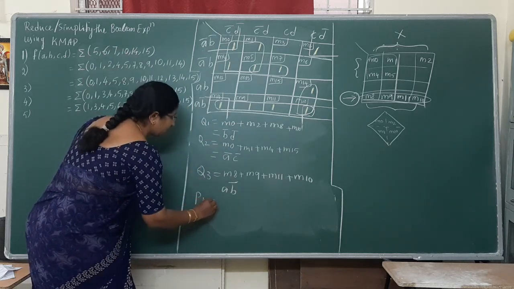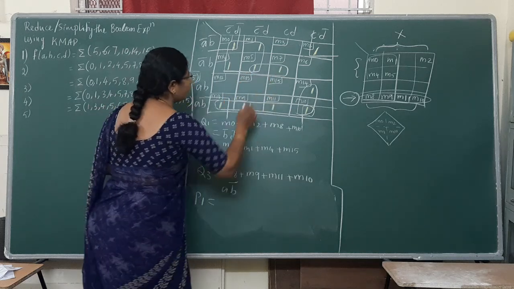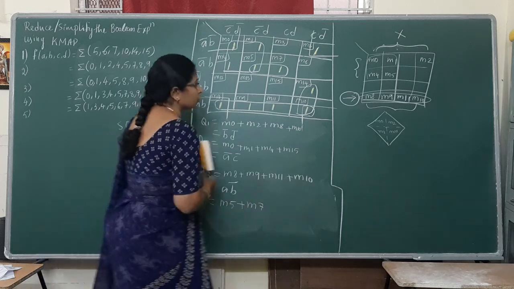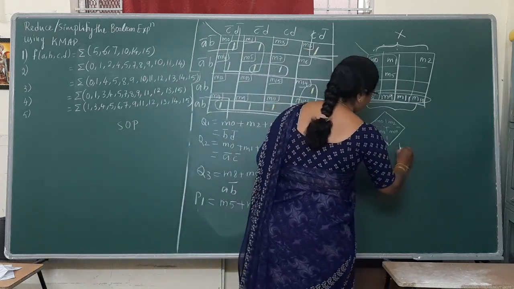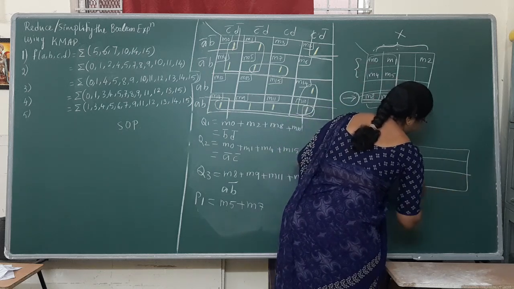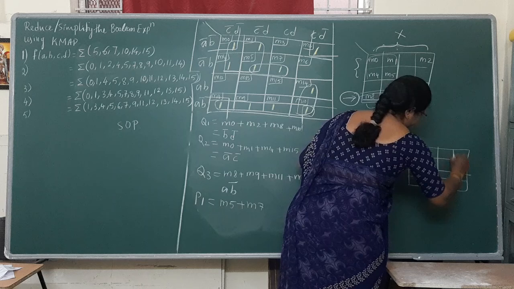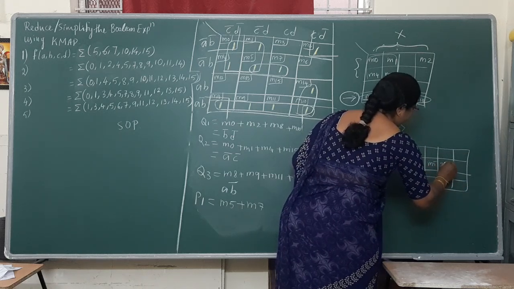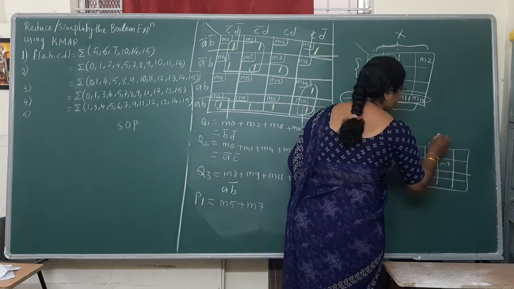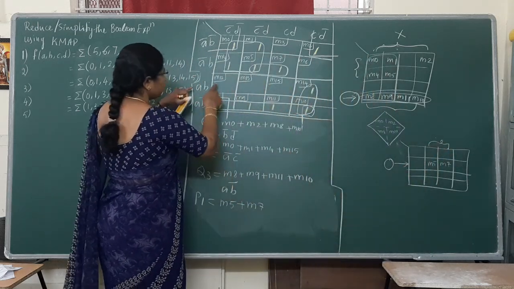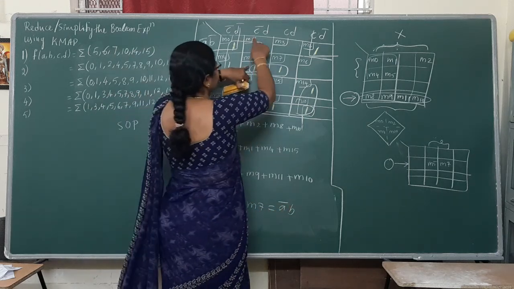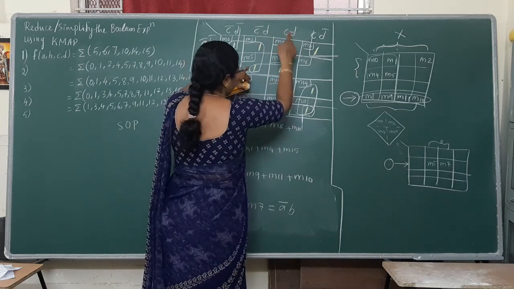Then pair 1: M5 and M7. Look here, M5 and M7. The column is the same. Among the rows, which is common, we need to check. See here, A complement B is common among the row headings, and D is common among the column headings.